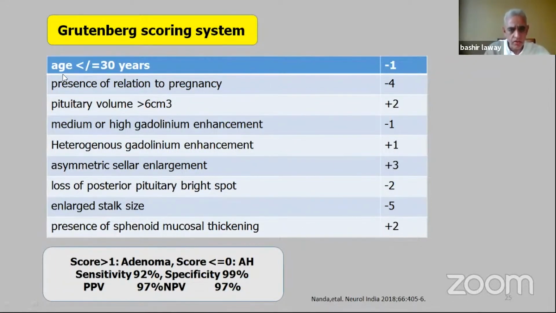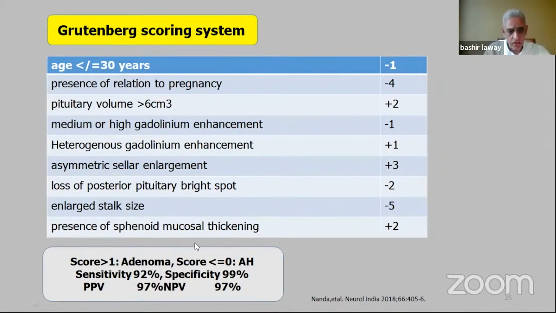I will just briefly give: suppose age less than 30 years has a minus point, so more chances of a lymphocytic hypophysitis. Similarly, loss of posterior pituitary bright spot goes more in favor of a lymphocytic hypophysitis. Thickened stalk has a very high value and goes more with lymphocytic hypophysitis.